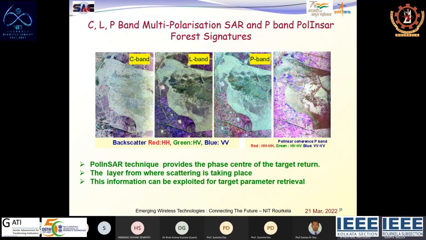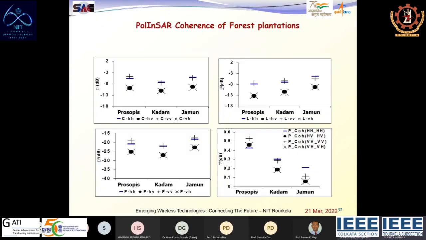There is no irrigation or anything given, so there is no difference in moisture content. But because of the coherence, as I said, due to the movement of the leaves and twigs, you are able to get the information in PolInSAR coherence, the difference between the types of vegetation. Next, you can just go and one more.